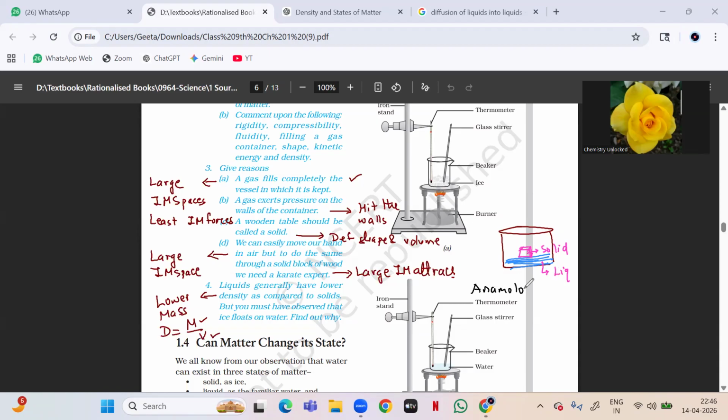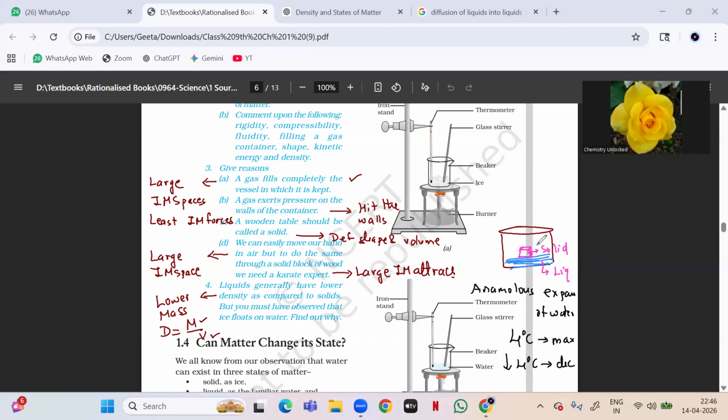When you go on cooling water up to 4 degrees centigrade, the density will go on increasing. And the density is maximum at 4 degrees Celsius. When you go below 4 degrees Celsius, the density goes on decreasing.